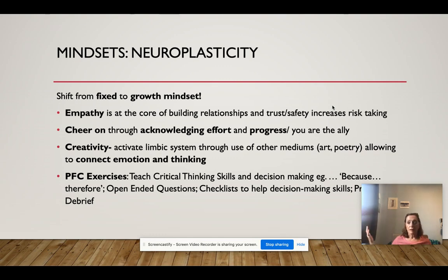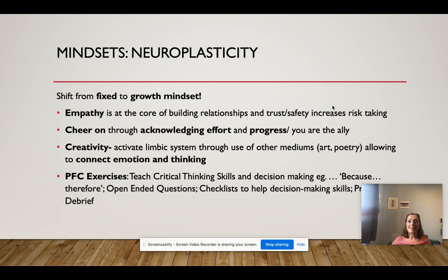It could be, because I planted a seed in the dirt and watered it, then I know it's gonna grow into a plant, okay? And then asking those open-ended questions as opposed to yes and no answer type questions.